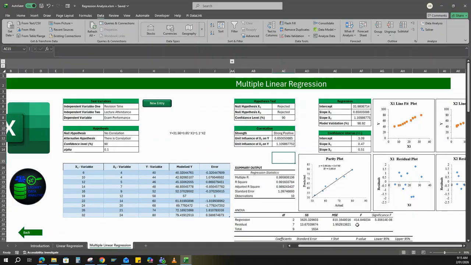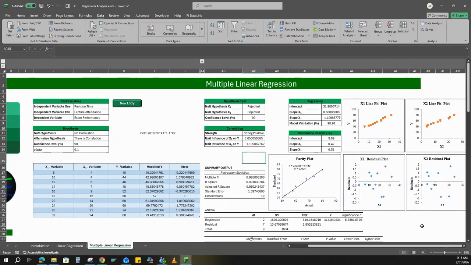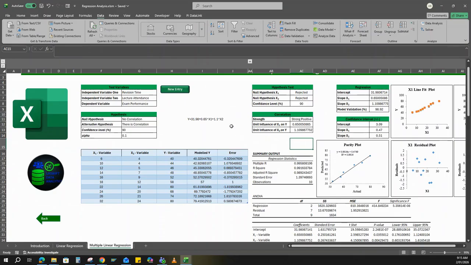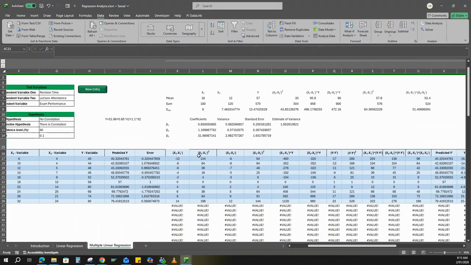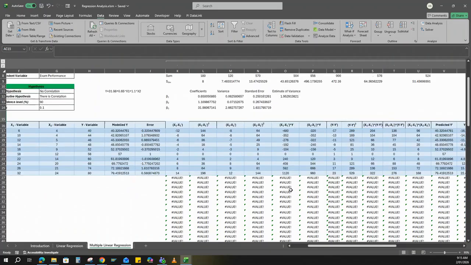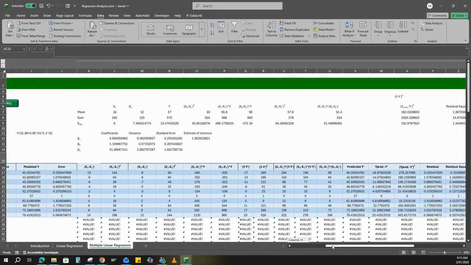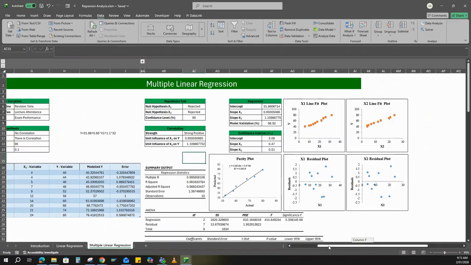So you don't spend much time analyzing the data, you just have the results shown, so you report on it. And it also shows you all the equations in the background. Everything is hidden, but there's a messy ton of work in the background. It's just hidden, and only the result is shown here.